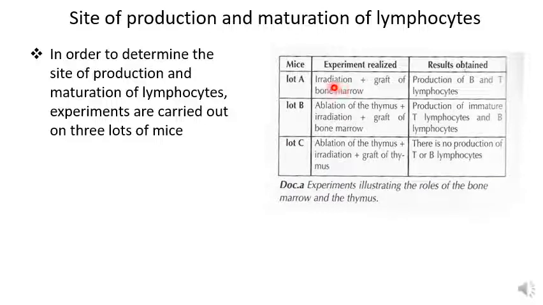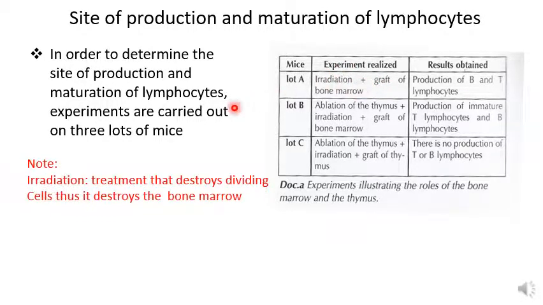The conditions of these experiments consist of doing irradiation and then grafting. What is the aim of irradiation? Irradiation consists of treating a specific organ with radiations, of course. And why? Because irradiation permits to destroy dividing cells.